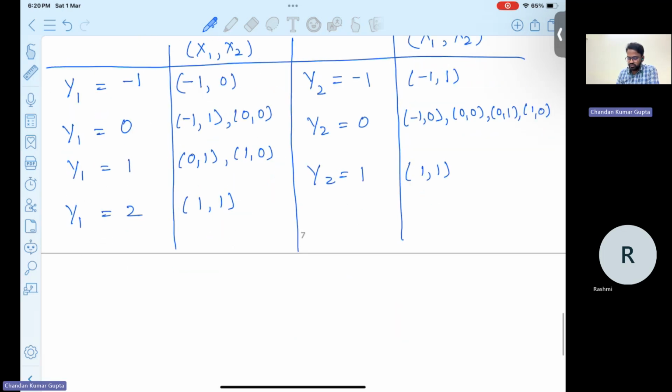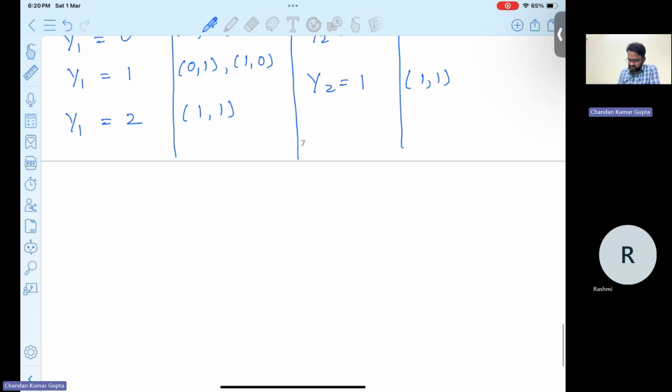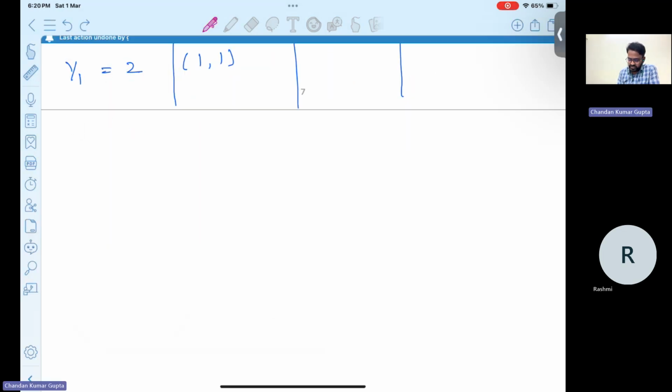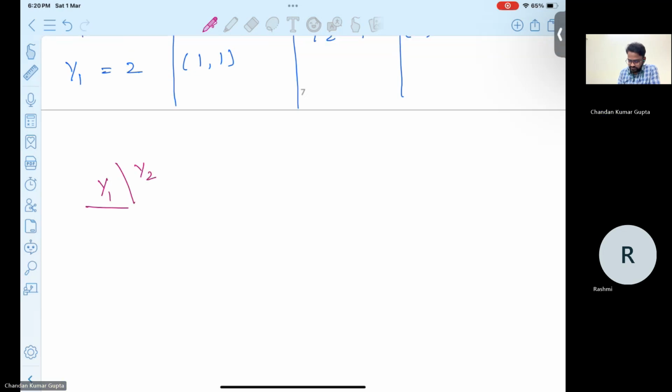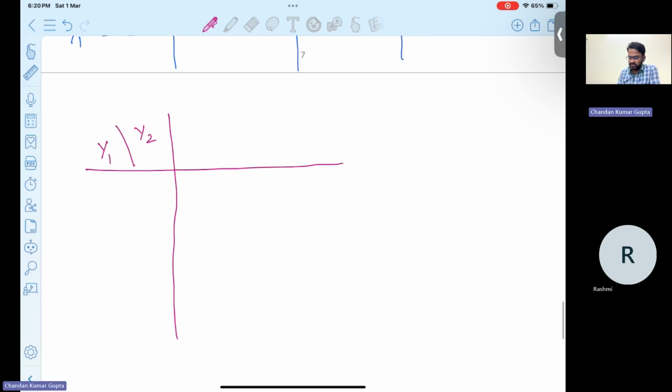Now we need to formulate the table for the joint probability distribution of y1, y2. So let's suppose we have y1 and y2. y2 has values -1, 0, and +1, and y1 has values -1, 0, +1, and +2.